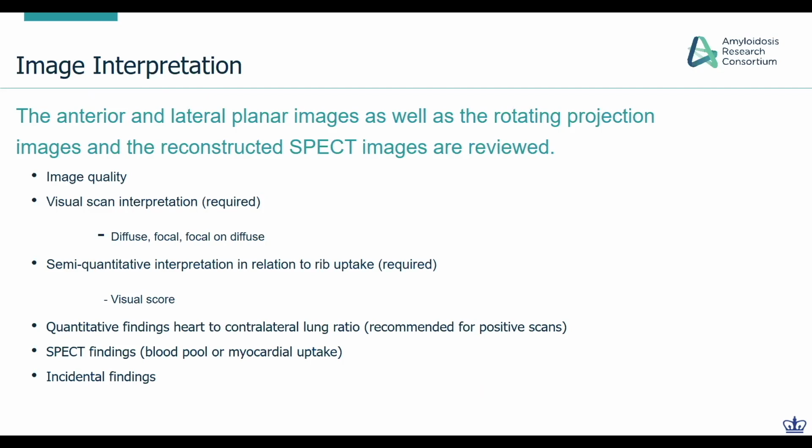Then we look at the image quality first on the scan, whether there was any uptake in the ribs or sternum, and then look at visual scan interpretation, whether the uptake is diffuse, focal, or focal and diffuse, and then look at the visual score, and then heart to contralateral ratio, and then SPECT findings if SPECT is done, and then look at incidental findings.